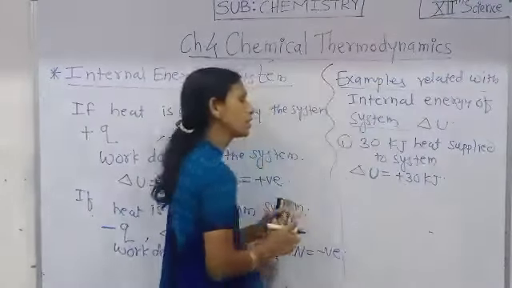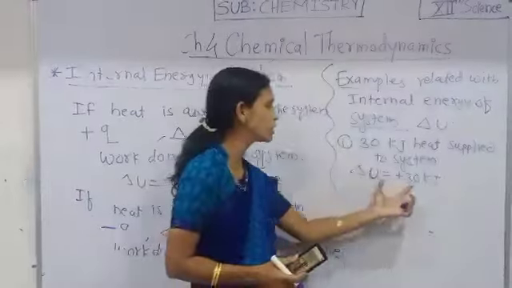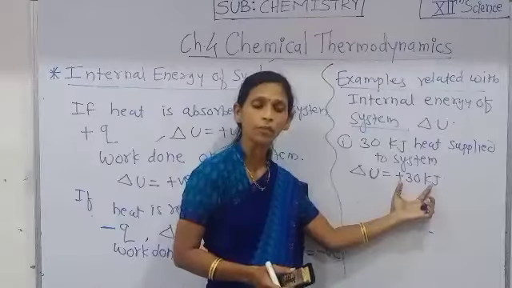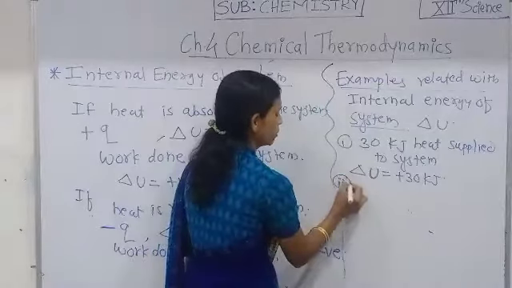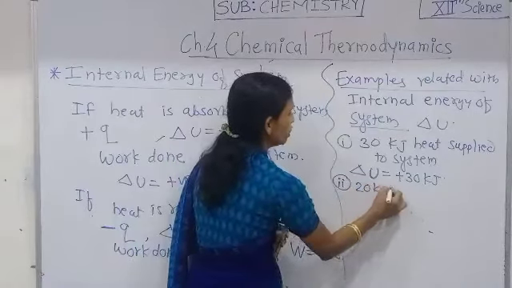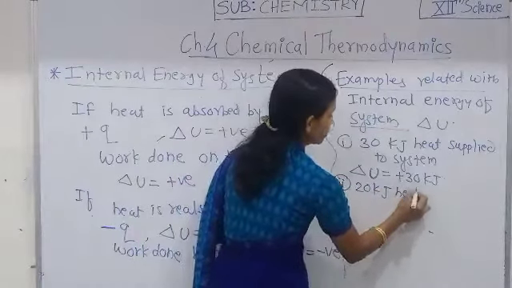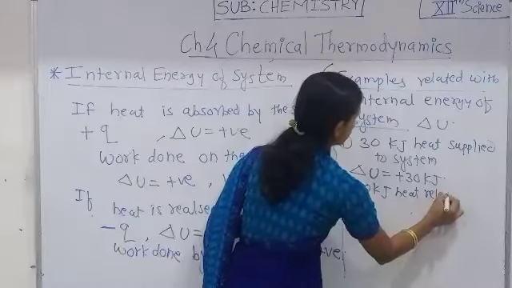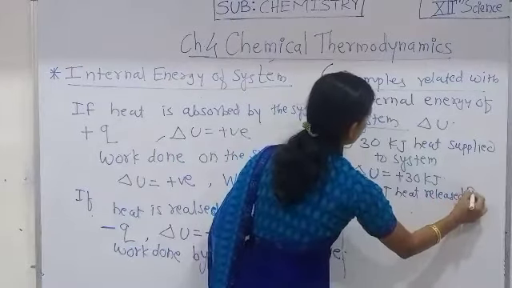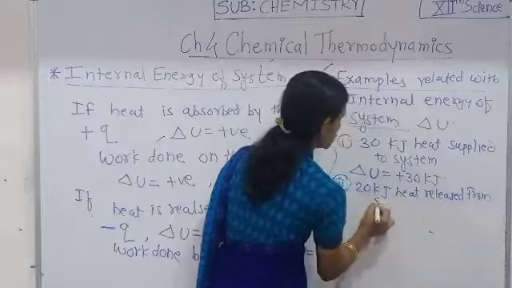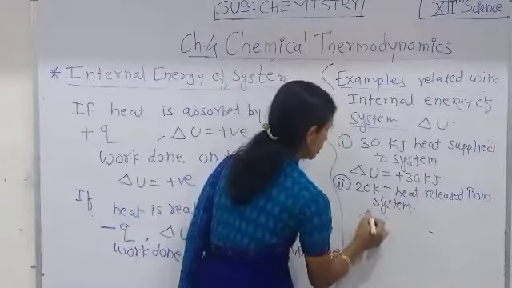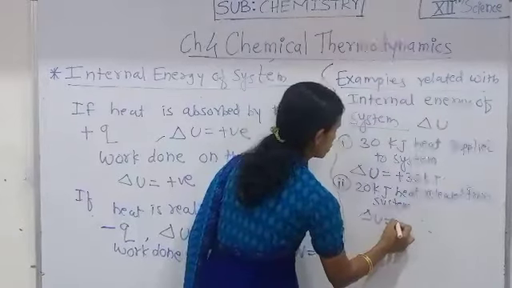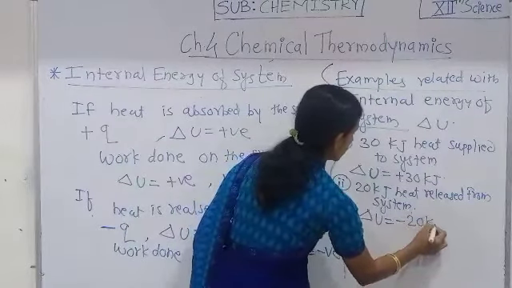That is, the change in internal energy of the system is positive, plus 30 kilojoule. If here 20 kilojoule heat is released from the system to the surrounding, then here delta U is minus 20 kilojoule.